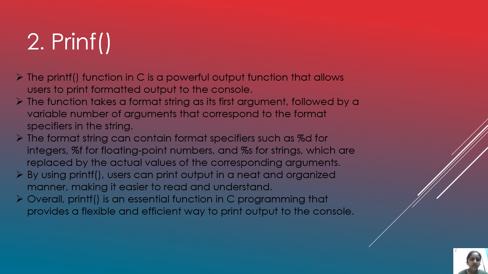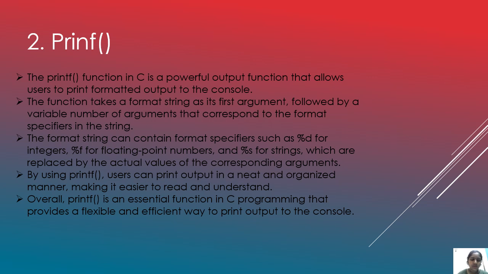Printf. The printf function in C is a powerful output function that allows users to print formatted output to the console. The function takes a format string as its first argument, followed by a variable number of arguments that correspond to the format specifiers in the string.